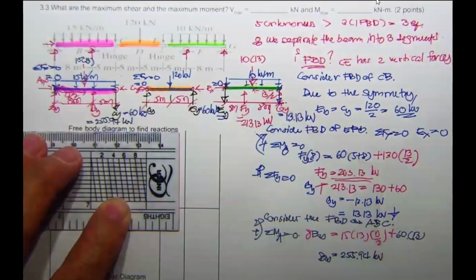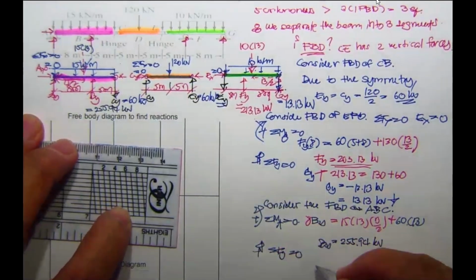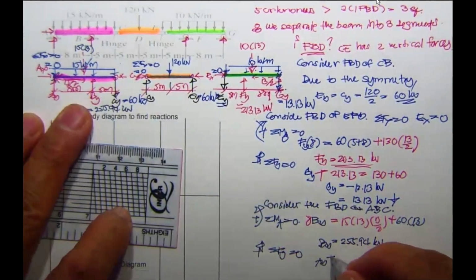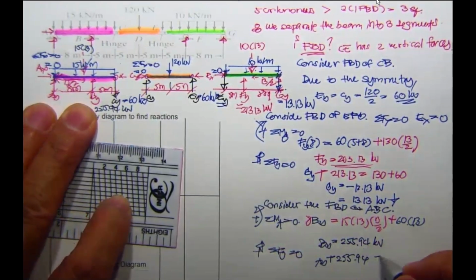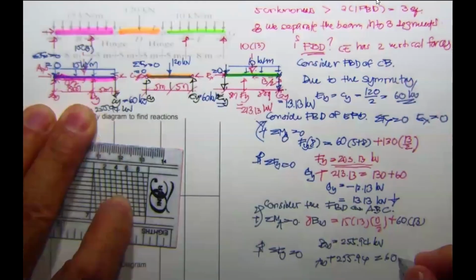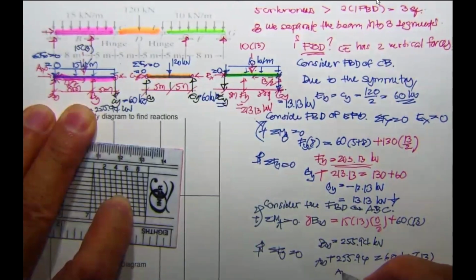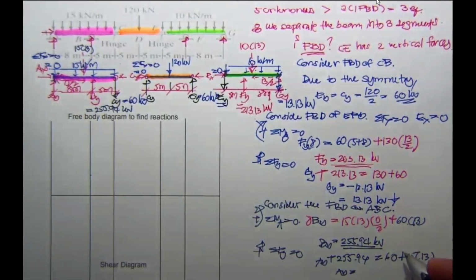255.94 kilonewton. Then summation of F sub y equal to 0. You have A sub y plus 255.94, B sub y, equal to this one, 60, and this one downward, 15 times 13. You get A sub y, which is only 0.94 kilonewton.